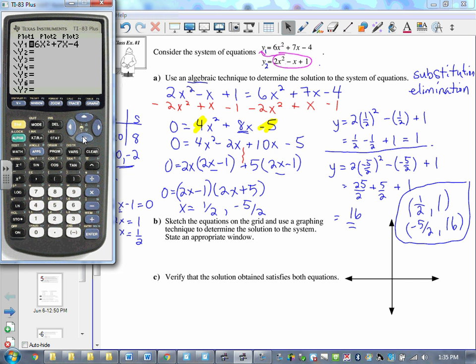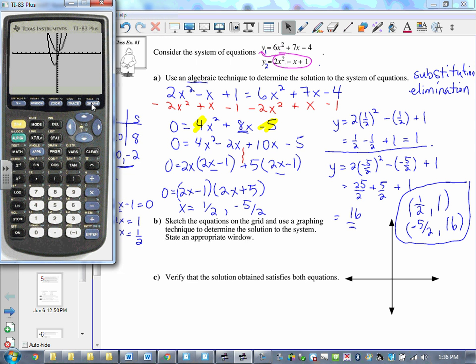Okay. Y2, Destiny, what's our y2? 2x squared minus x plus 1. You forgot the x. Oh, minus x plus 1. Thanks, kids.